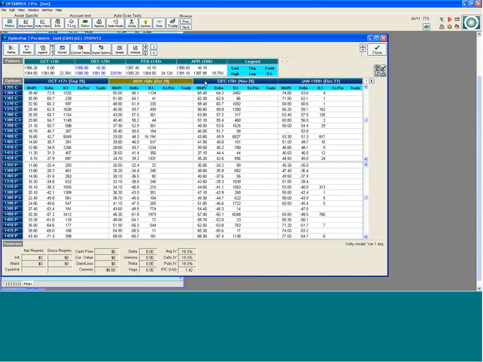So for example, if I'm working with, let's say, November and December, an out-of-the-money calendar put spread would be using out-of-the-money puts, and it would be like selling the 1350 put, which is below the price of the futures at 1386, and I'd be purchasing the December, the same strike.